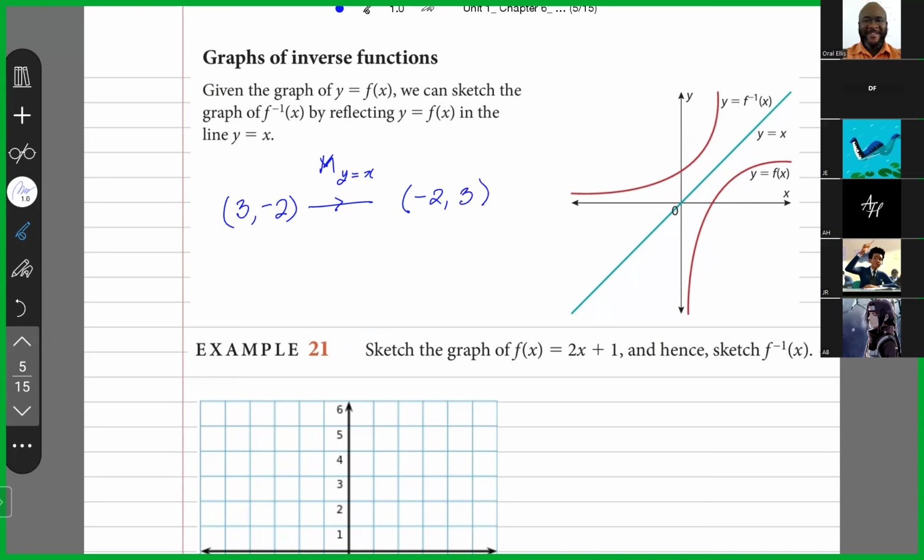In other words, the x and the y coordinates interchange. Now, this happens whenever you find the inverse of a function. Therefore, if you reflect a graph in the line y is equal to x, the resulting graph is the inverse of the original graph.